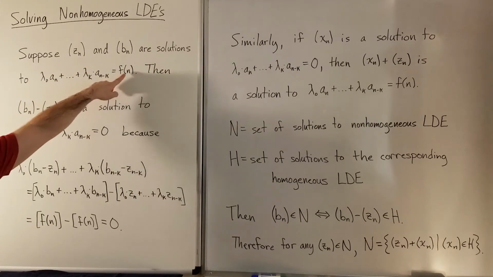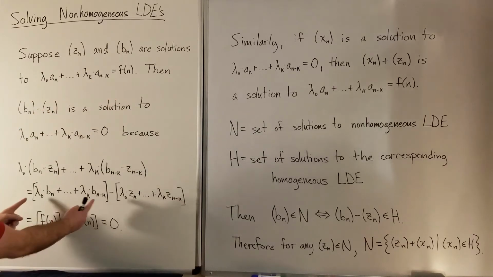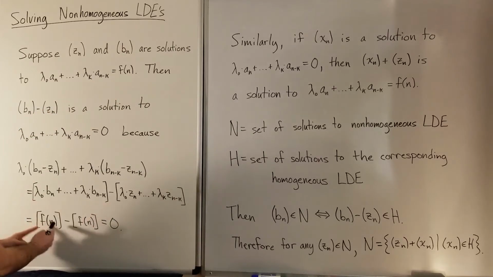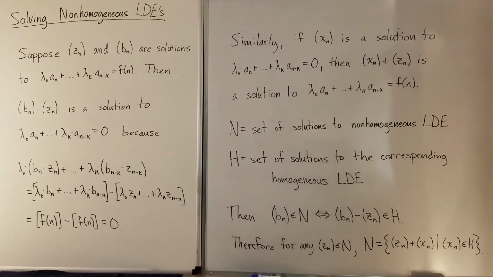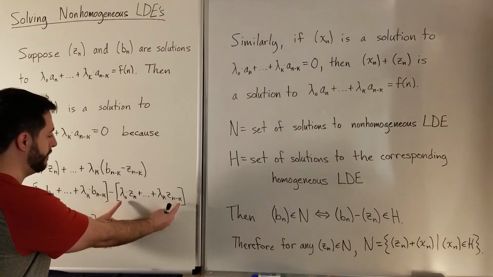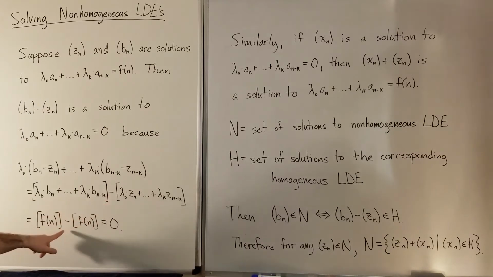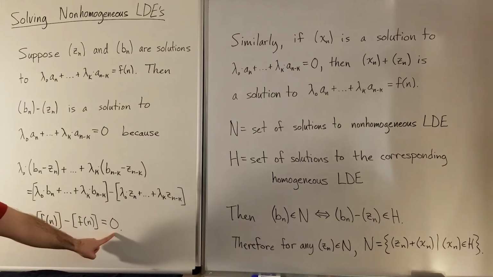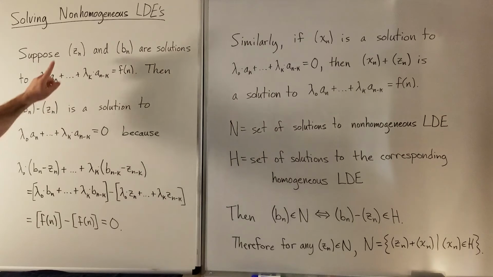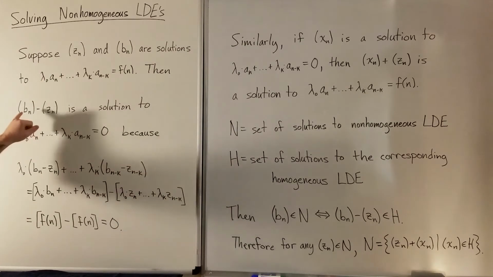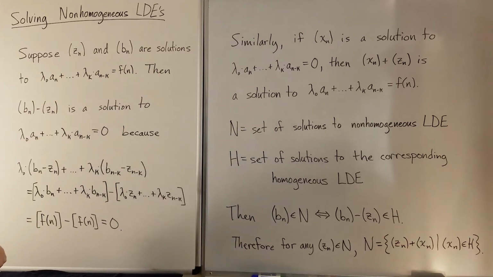That's exactly saying that this stuff is equal to f of n. Okay, also zn is a solution, so the stuff we have in the right bracket is also equal to f of n, and we're subtracting the two things, therefore we get 0. Okay, so the difference of any two non-homogeneous solutions is going to be a corresponding homogeneous solution.